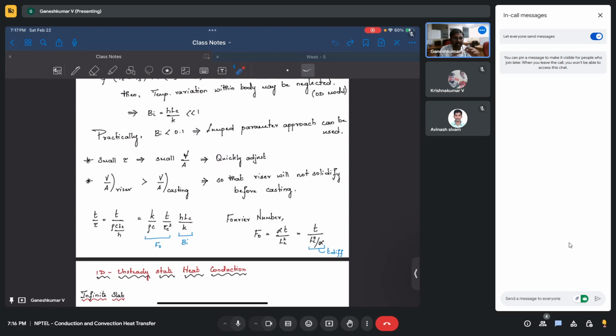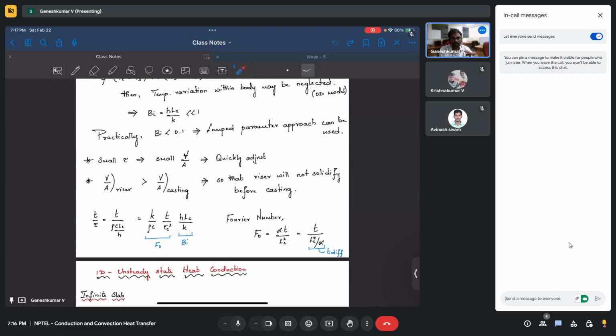So that is why we have a riser, and the riser will hold some extra liquid molten metal which takes up the remaining spaces. And if you want that to happen, then the molten metal that you pour inside the mold should solidify before the riser solidifies.